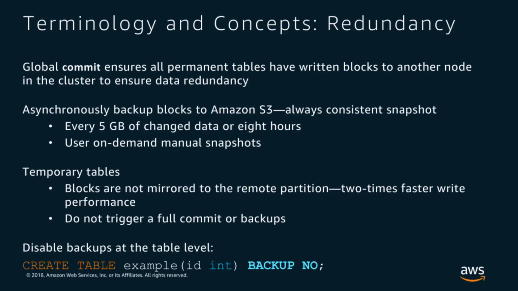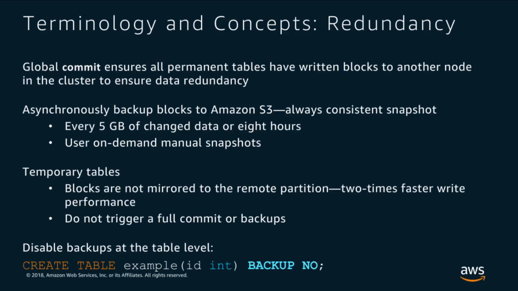The other thing that we do is asynchronously back up the data to S3 as well. How we determine that is every 5 gigs of change data, or 8 hours, whichever happens first, we synchronize and flush all of the data in the nodes to S3. You also have the option to take a manual snapshot, so if you want to create a save point, you can do that.